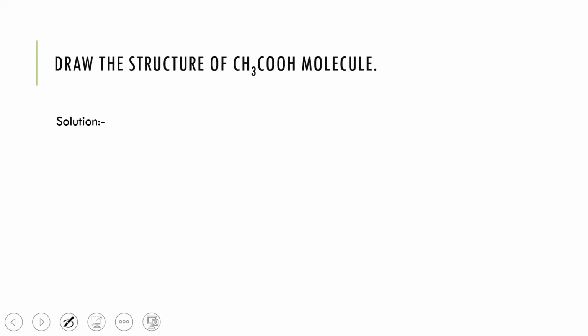Draw the structure CH3COOH molecule. Easiest of all. Two carbon atoms are given, and this is doubly bonded by O. And on one side it has OH. Done.